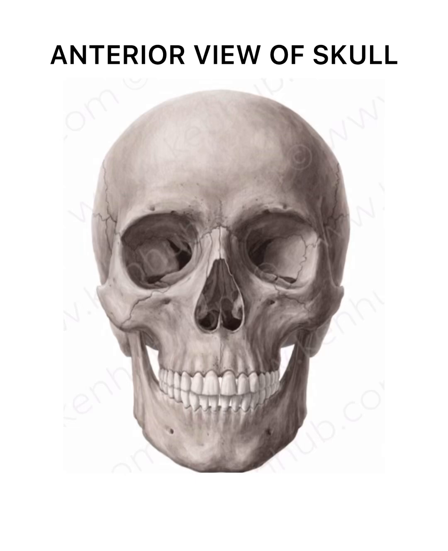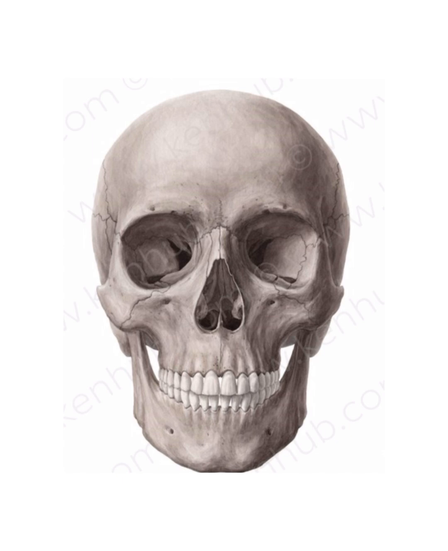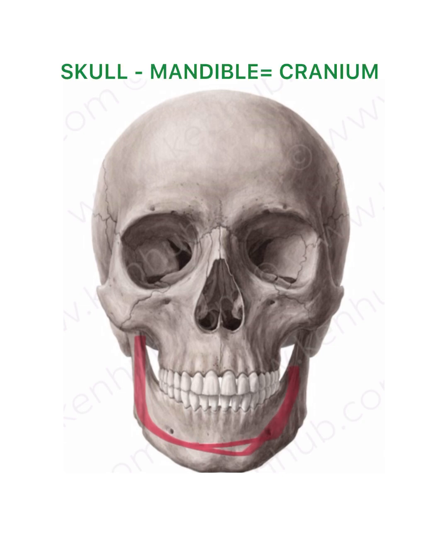Today we are discussing the anatomy of the human skull. So first of all, we will discuss different bones. What is a skull? The whole bony framework that you are seeing right now is known as the skull. And what is the cranium? If this bone, called the mandible, is removed from the skull, the remaining part is known as the cranium.